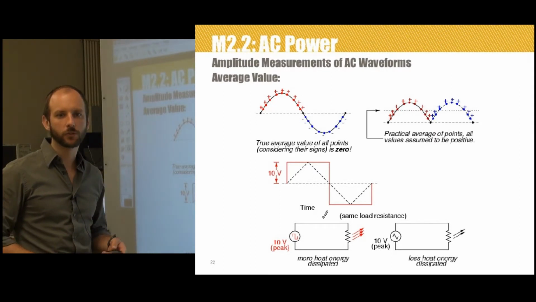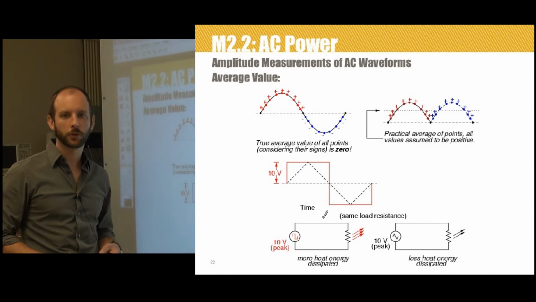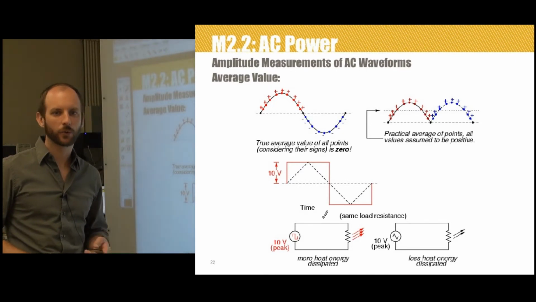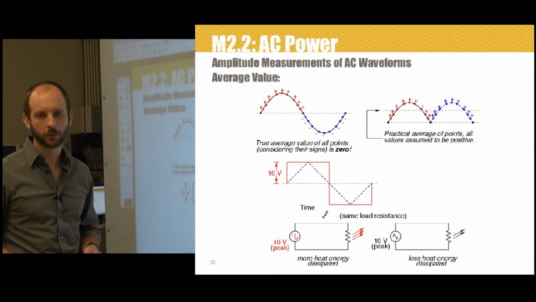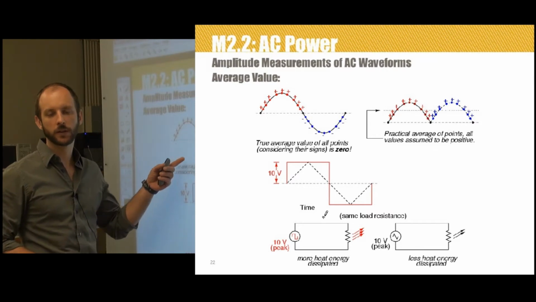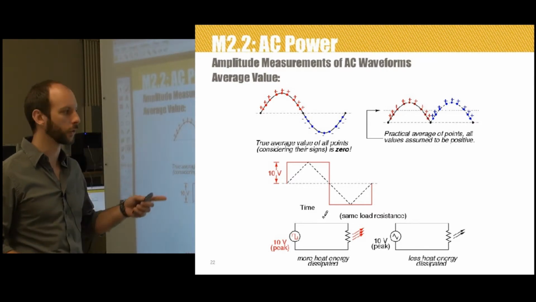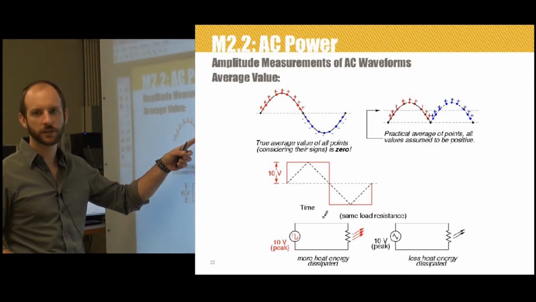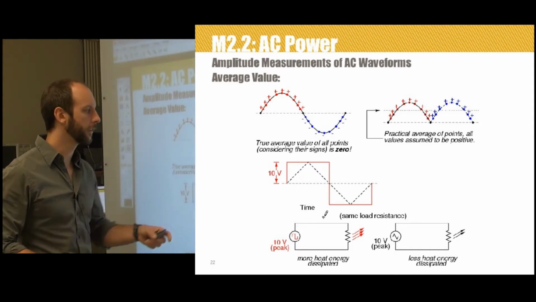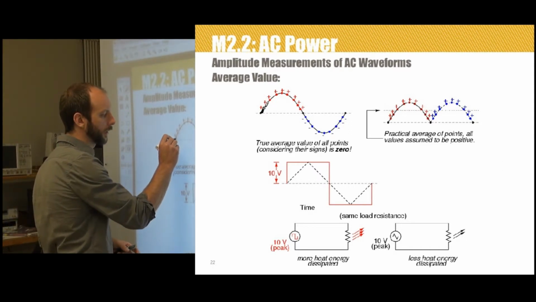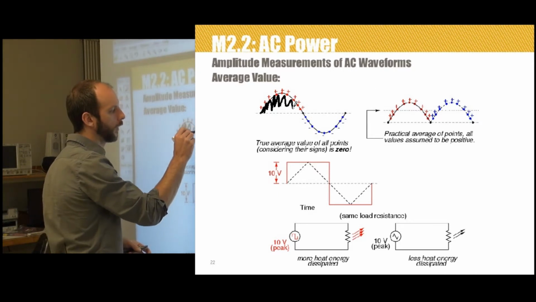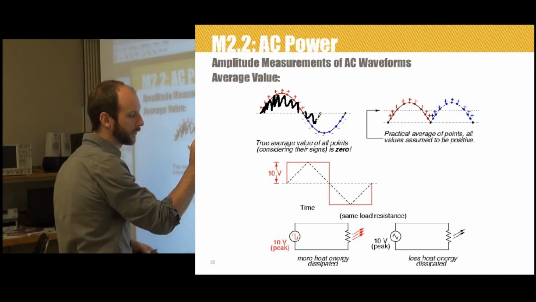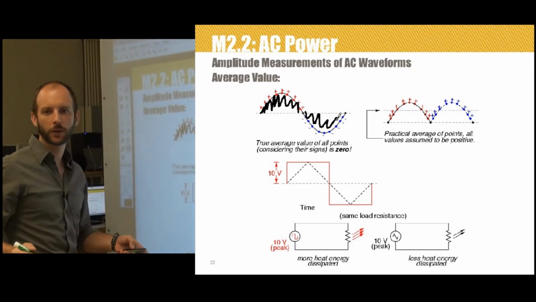Although this technique is used in other disciplines of electrical and computer engineering technologies, it's not really commonly used in power systems, because for a pure sine wave centered on the x-axis, if we average all the points above the x-axis and all the points below the x-axis, so if we were to integrate over that sine wave and then continue to integrate over that sine wave, well, what will we get?